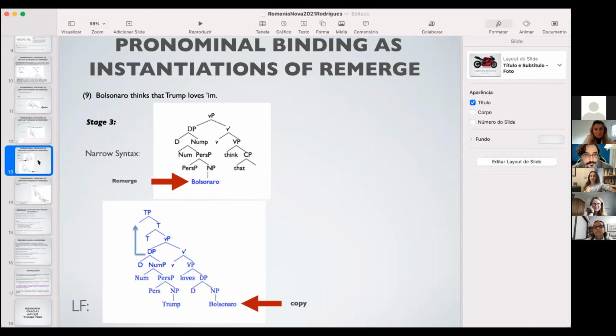If you do parasitic gaps with sideward movement, you have to revive the copy by assigning another case feature to that copy. So this kind of movement involves remerging the copy made with functional projection first, before inserting it into the derivation.